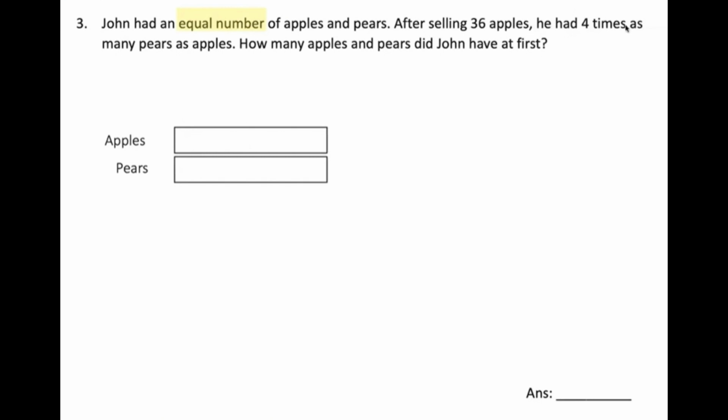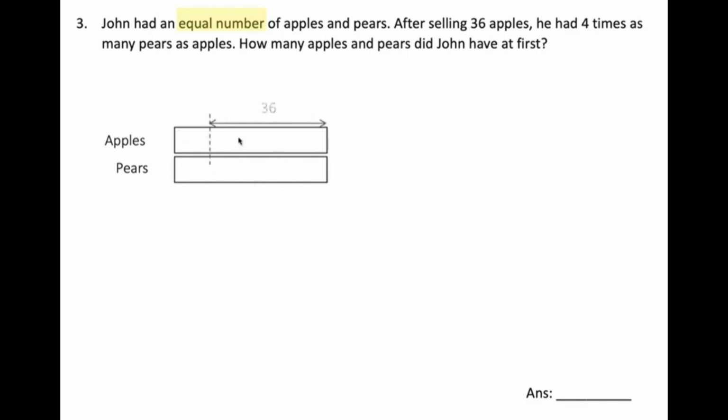Again, we read the statement to see who is the 1 unit in the end. So the item that is 1 unit in the end is apples. He had 4 times as many pears as apples. So I'm going to shade apples such that what is left for apples is like 1 unit and pears is 4 times the size of apples. So roughly, this is 1 unit and then this will be 4 units.